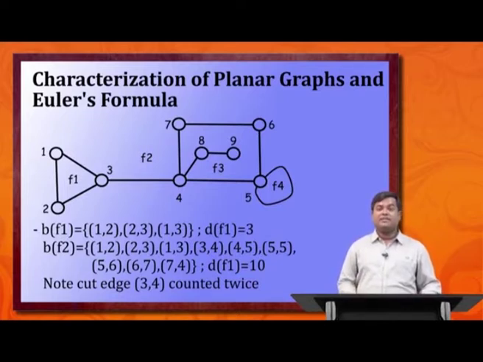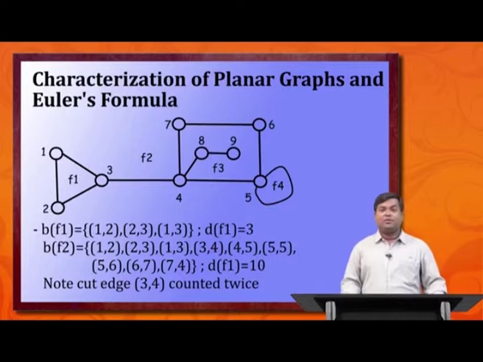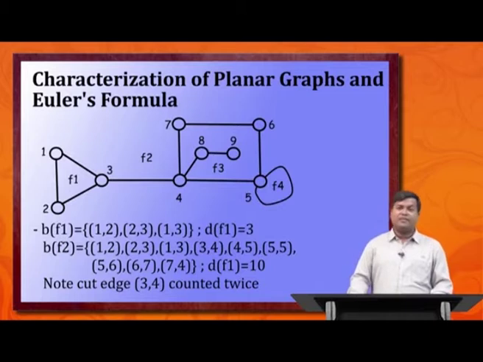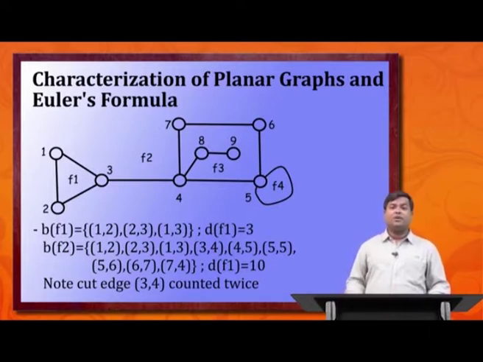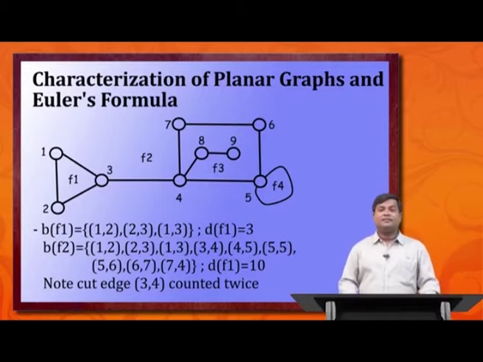Now let's come to the face F2. Now this is a little bit complex, right? Identifying the boundary of F2 is easier. We need to find the edges inside that boundary. So the edges are simple: 1-2, 2-3, 1-3, 3-4, 4-5, 5-5, 5-6, 6-7 and 7-4.